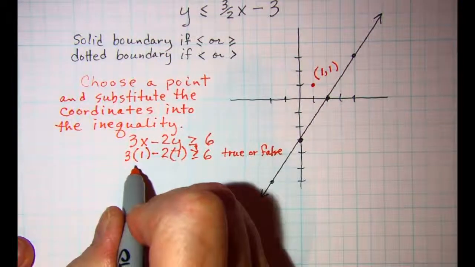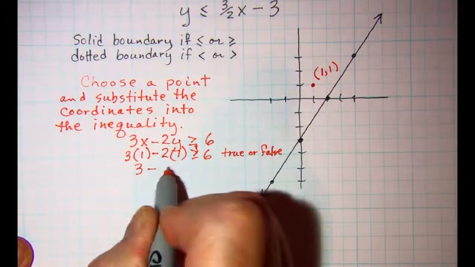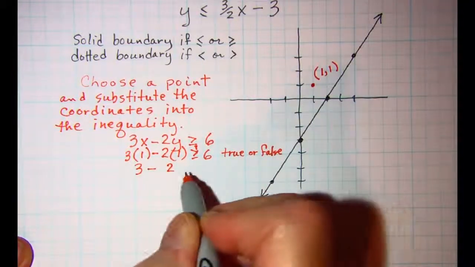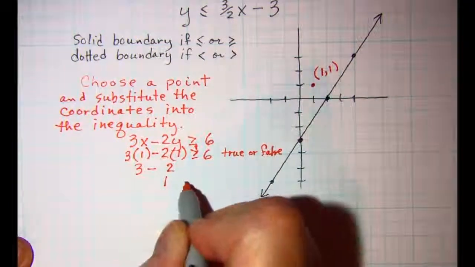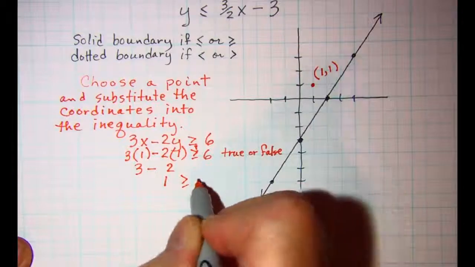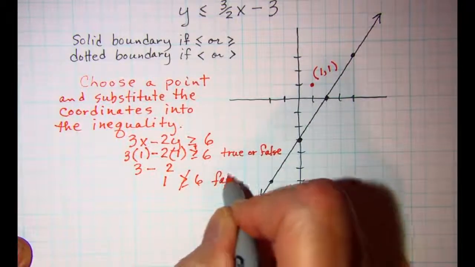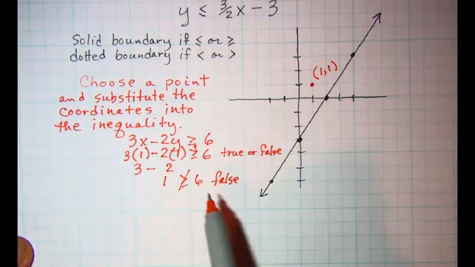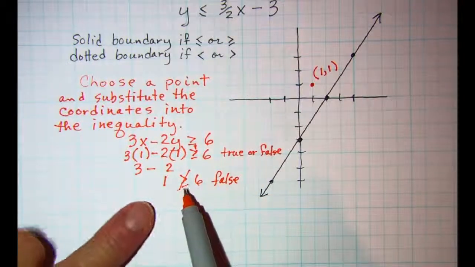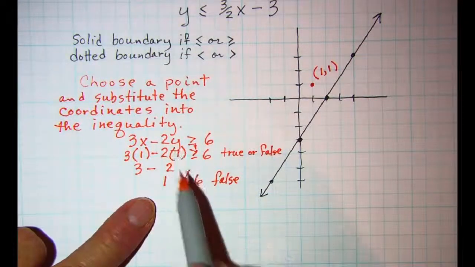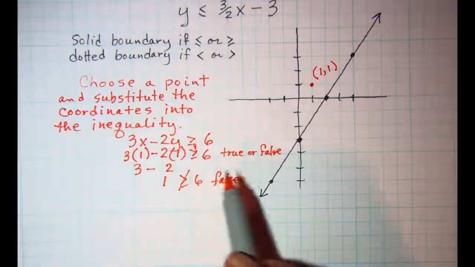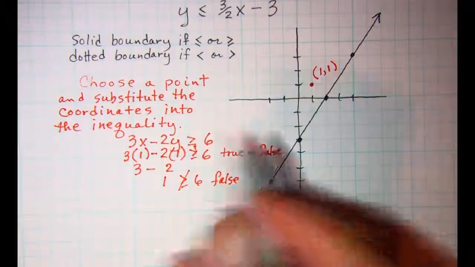So if we do the math, 3 subtract 2, we get 1. Is that greater than or equal to 6? And we see that that's false. So once we substitute our point into our inequality, if it's false, we shade on the other side.